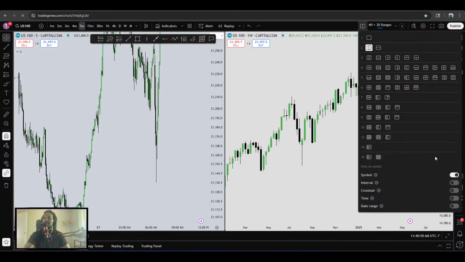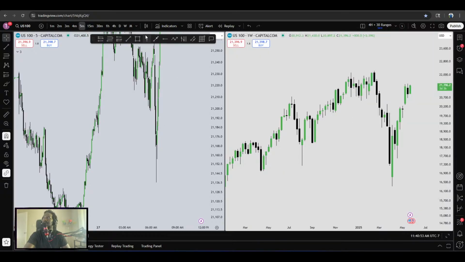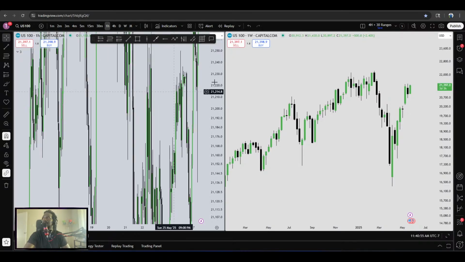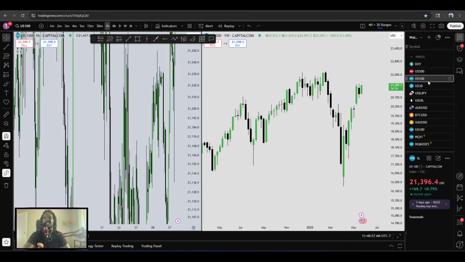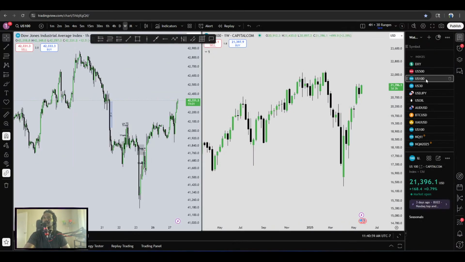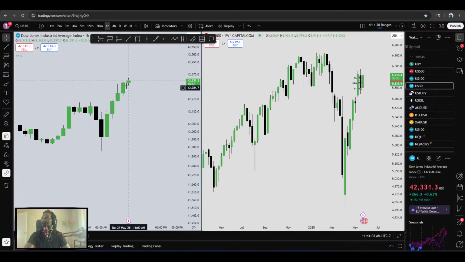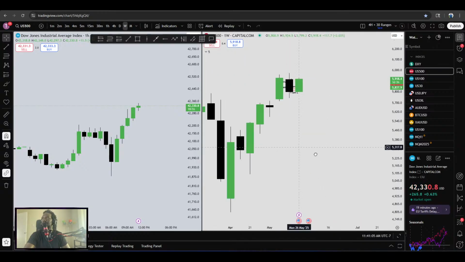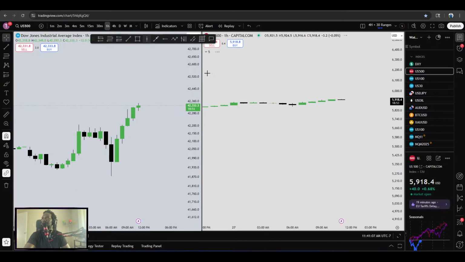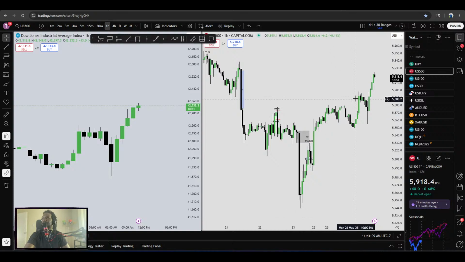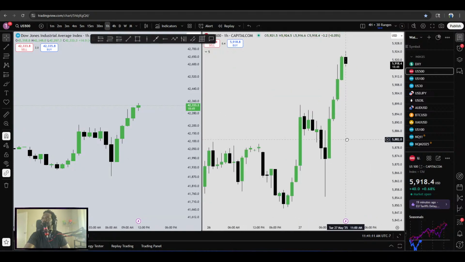These symbols cannot be synced. I want this to be on the 1 hour and to have US30. Not that I need it, but I just want to see what it's gonna be doing. Then US500, and all I want to see is just the previous 1 hour high and the previous 1 hour low. So put that on the 1 hour. Already I can see the price action around that area is pretty much the same.